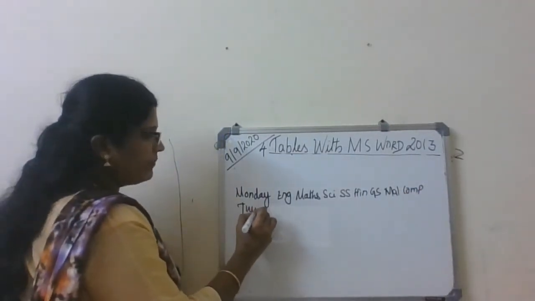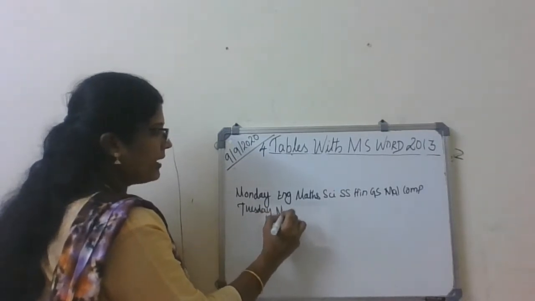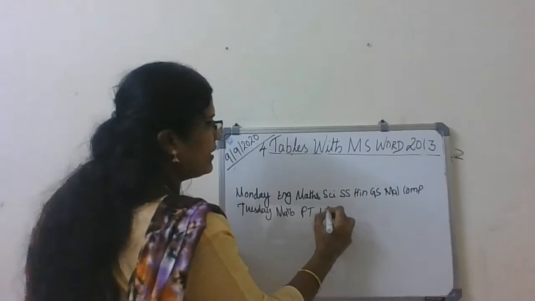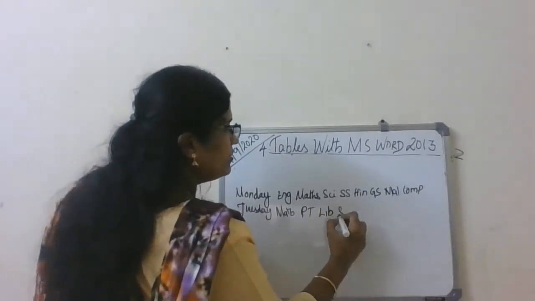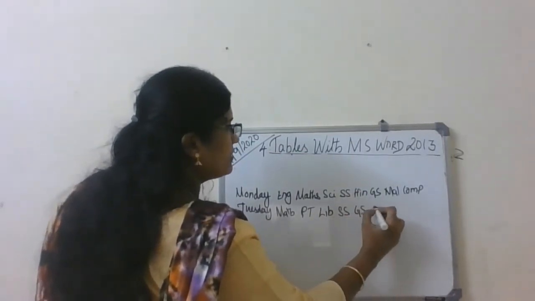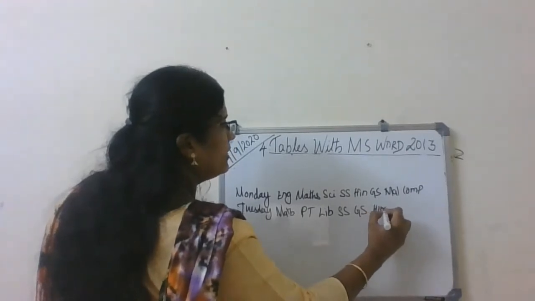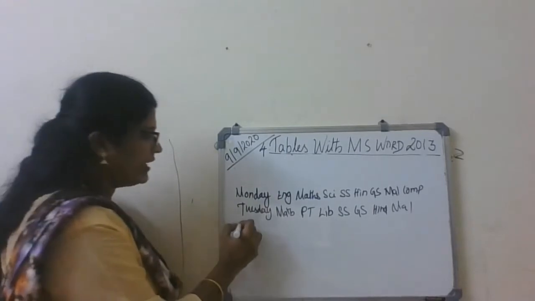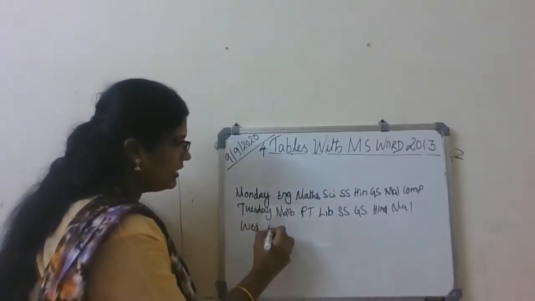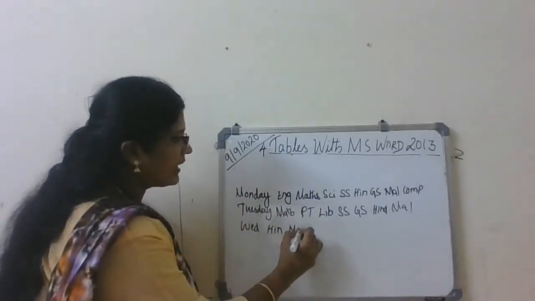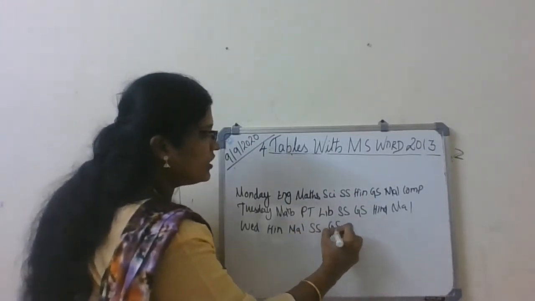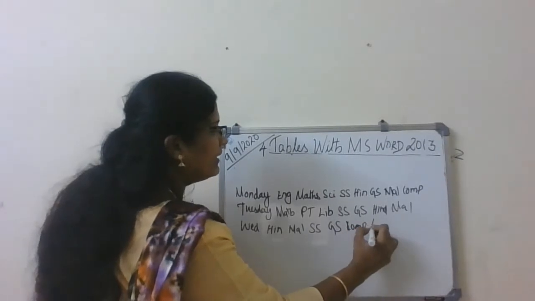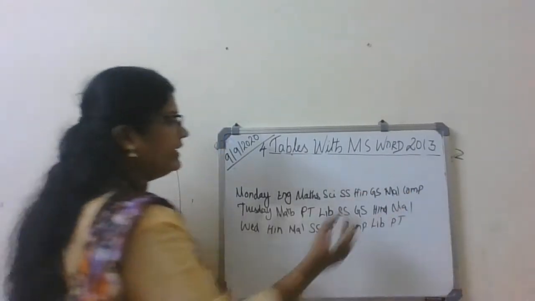Then Tuesday, Maths, PT, Library, SS, GS, Hindi, Malayalam. 7 or 8 periods, just assume that. Then Wednesday also I'm writing Hindi first, then Malayalam second, then SS, GS, then computer again, then a library, then you have a PT here.